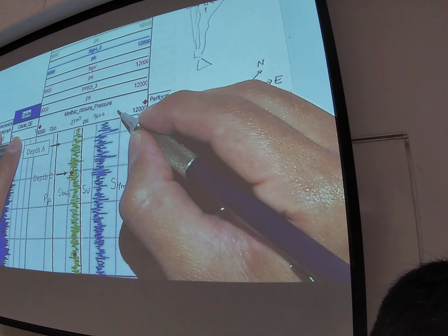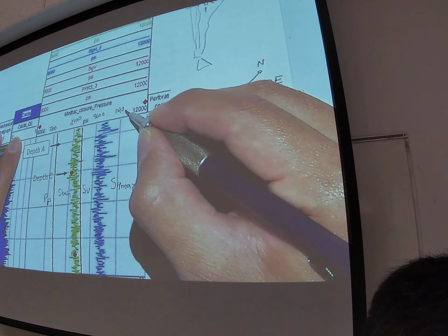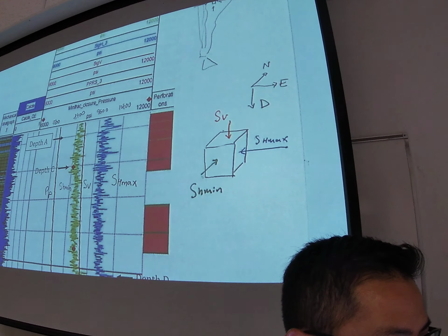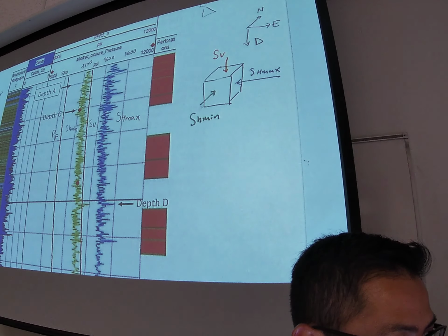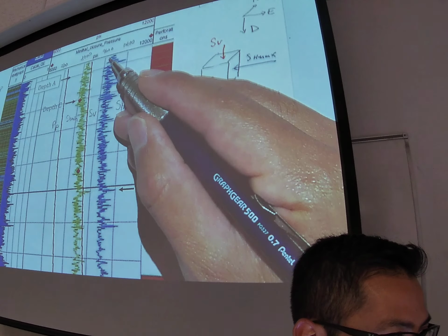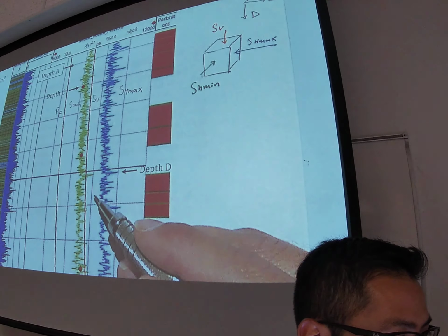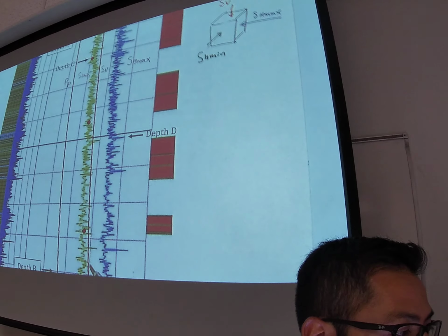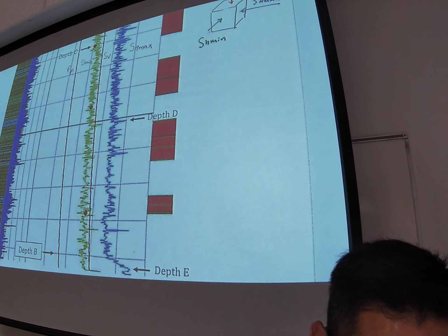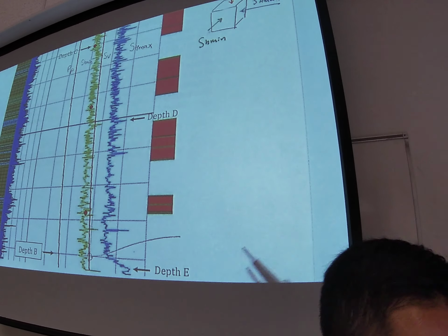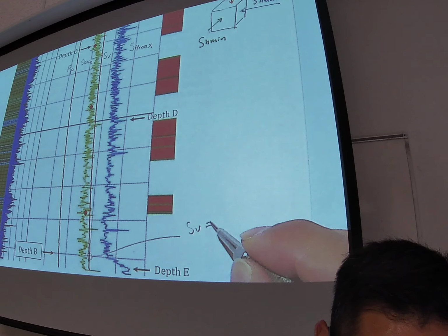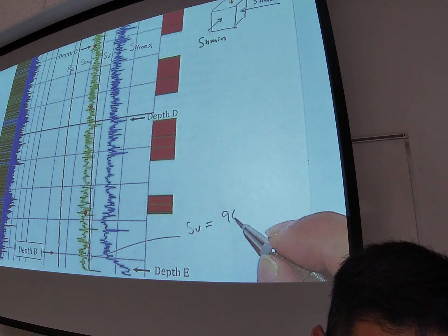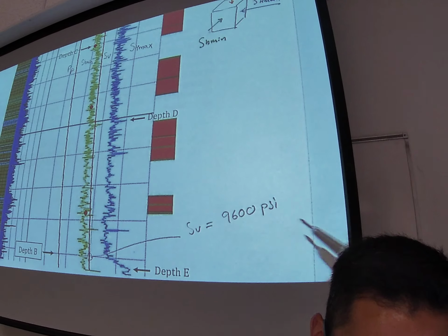And the next one is going to be 10,800. And I know, for example, that, let me follow this one, it's easy. This depth right here, I know that the vertical stress is 9,600 psi.